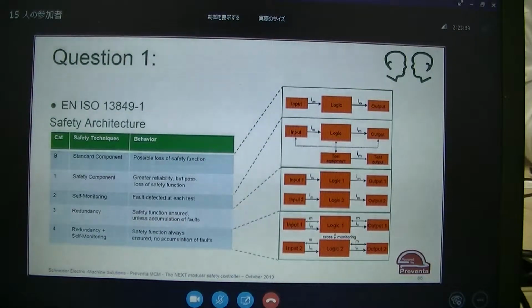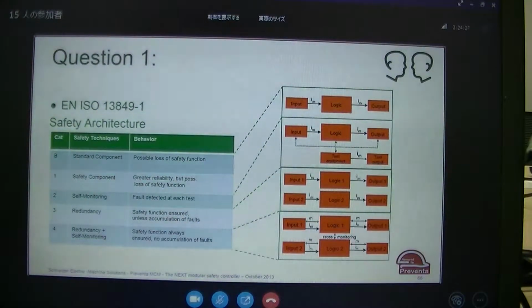Let's say that we have a 0 volt circuit here and a 24 volt circuit here. We can detect the short circuit between each other. We can detect short circuit at here to external 24 volts, but we cannot detect short circuit to ground.